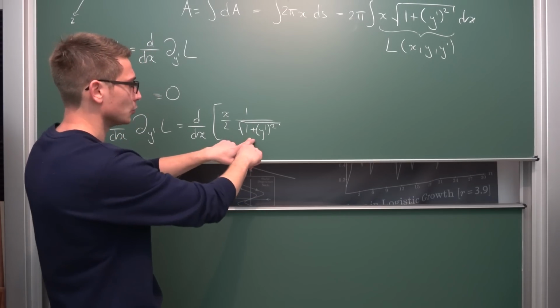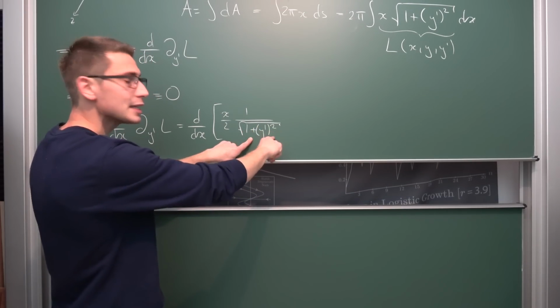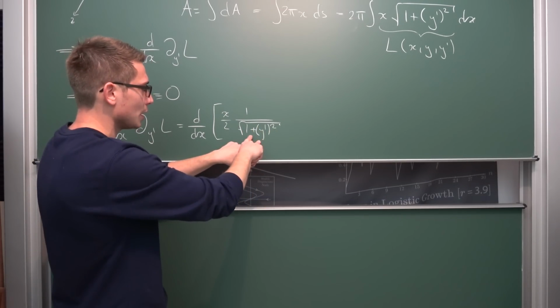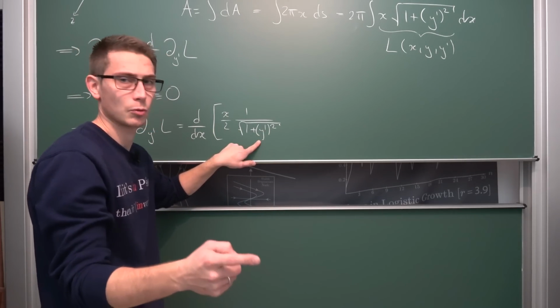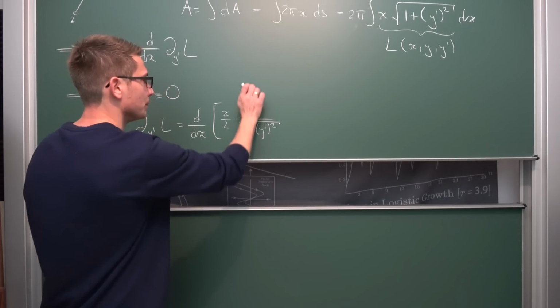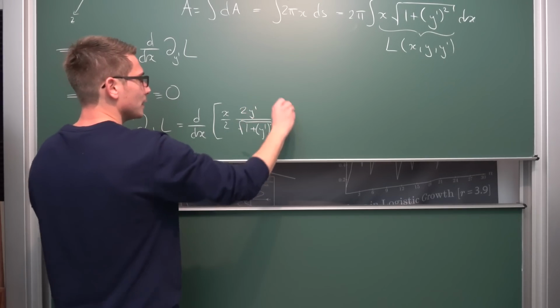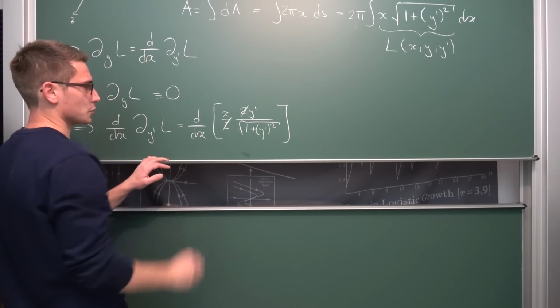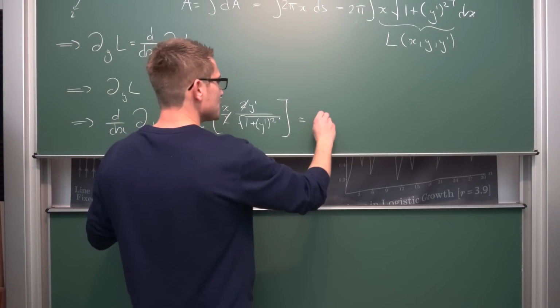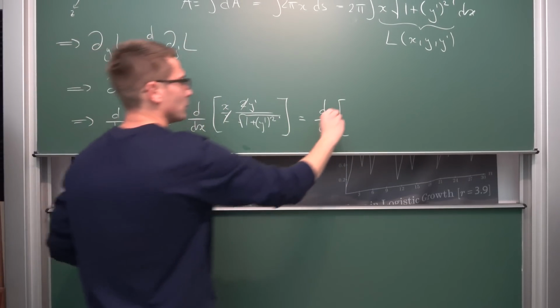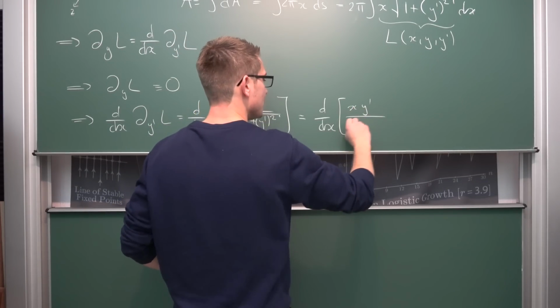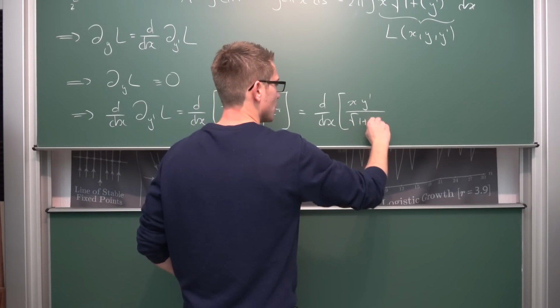Inner derivative is the derivative of our radicand with respect to y prime. Meaning 1 is going to vanish, y prime squared differentiated with respect to y prime is just going to give us 2y prime. And 2 and 1/2 are going to cancel out, giving us in the process the derivative with respect to x of, okay, x times y prime divided by the square root of 1 plus y prime squared.